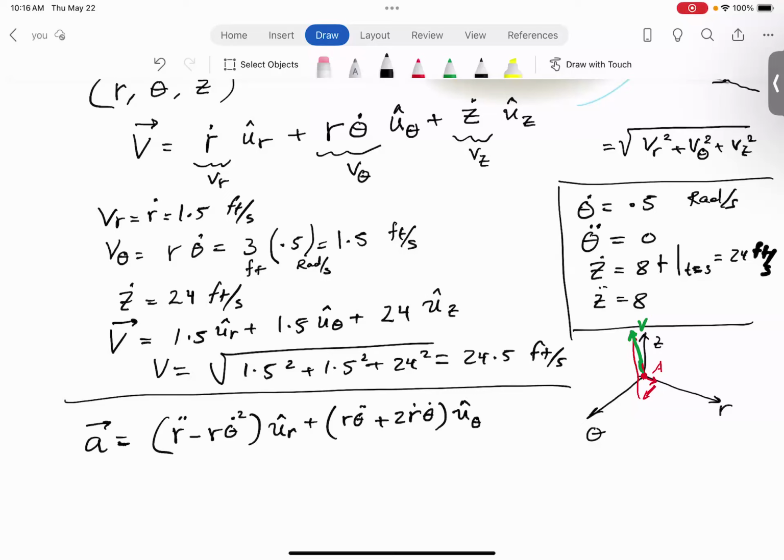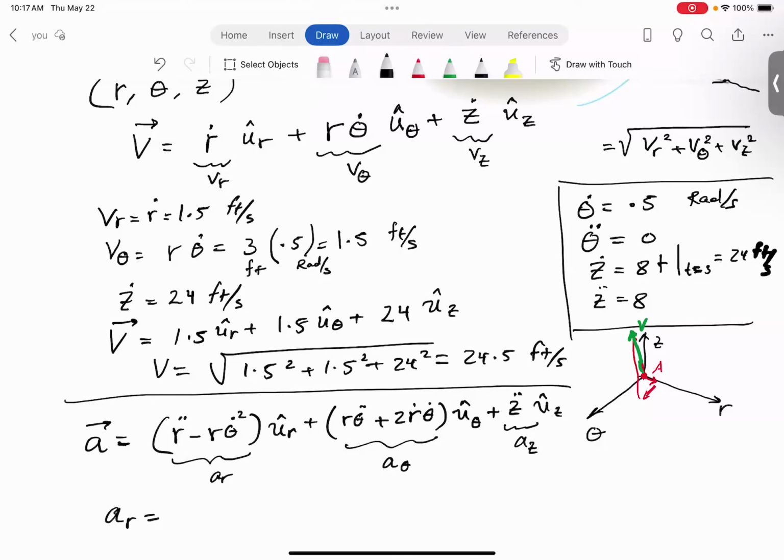That's the transverse component times u sub theta. And then z double dot u sub z. That's the z component. All right. If we go ahead and plug in, this is the radial, this is the transverse, right? And this is the z component of acceleration.